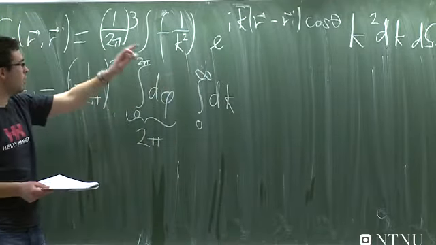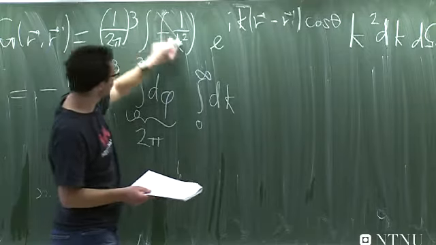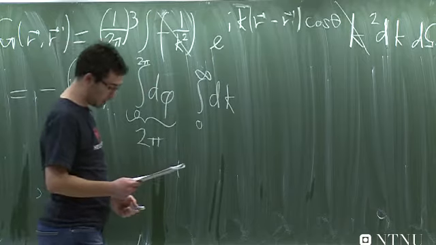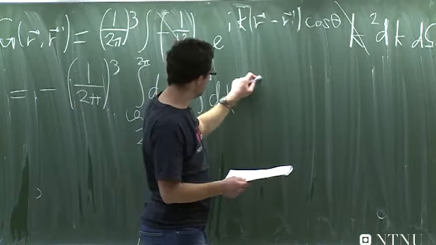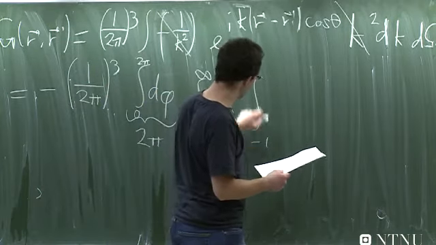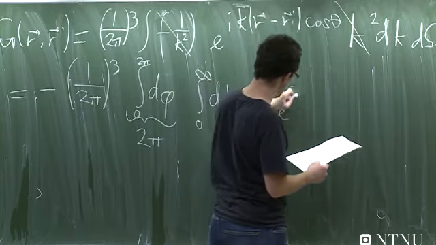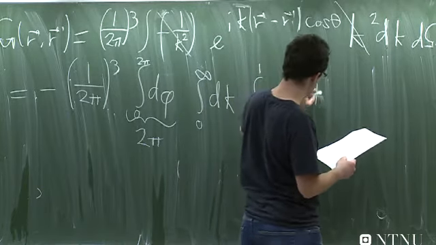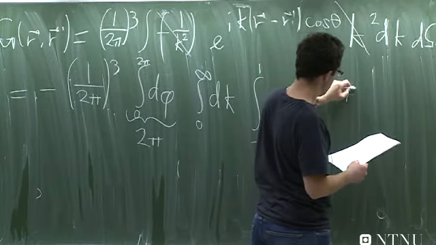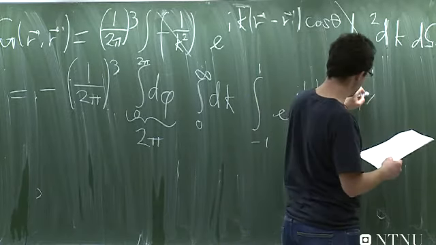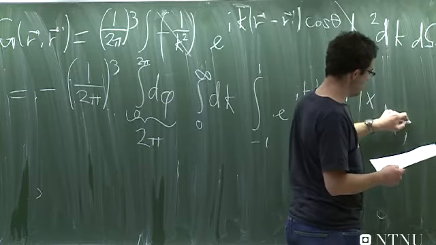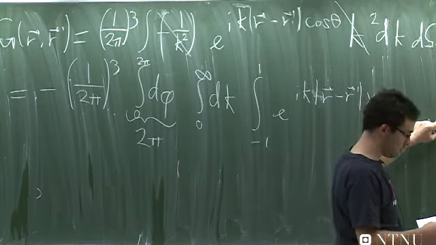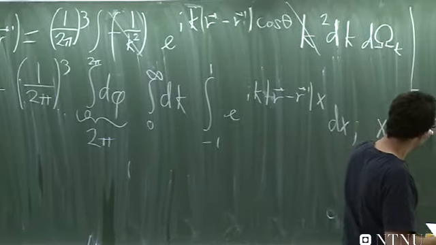The k squared over there and over here cancels, so I don't need to worry about those. And I will do the angular integral first, from minus 1 to 1, e to the i k times the length of r minus r prime, times x, dx, where I did a substitution, namely that x is equal to cosine theta.